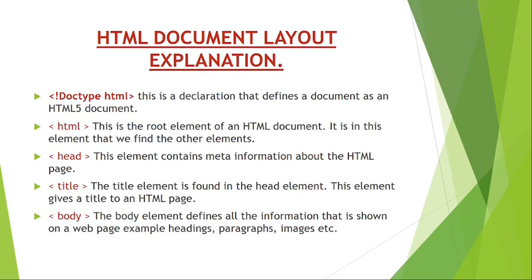The second thing you find on an HTML document is the HTML element. This is the root element of an HTML document. It is in this element that we find the other elements like the head element and the body element. All of them are included in the root element known as HTML.